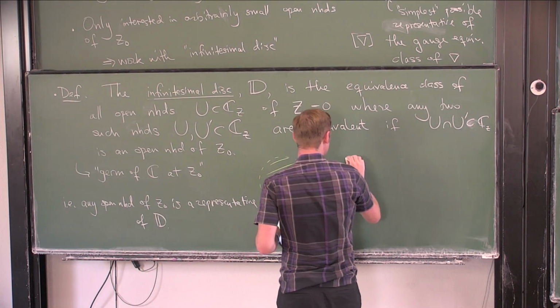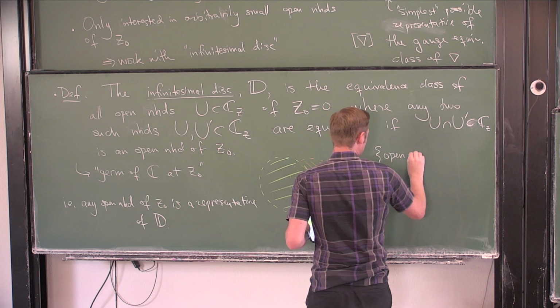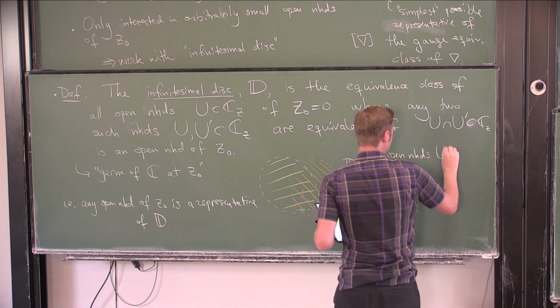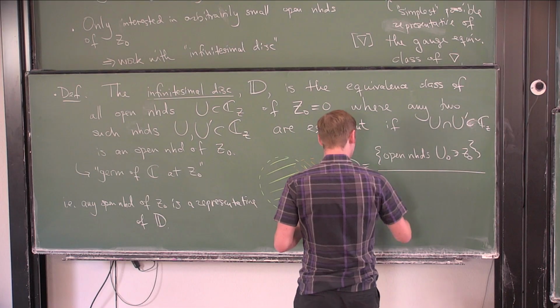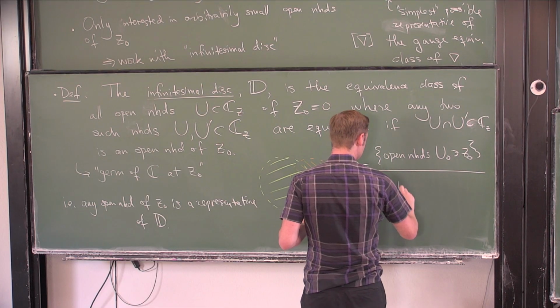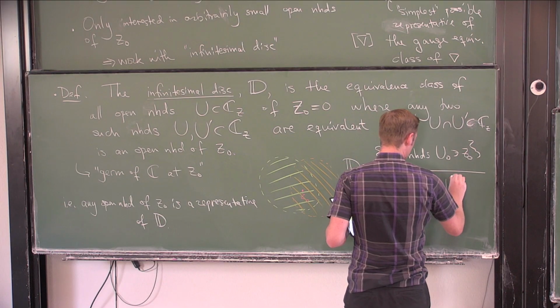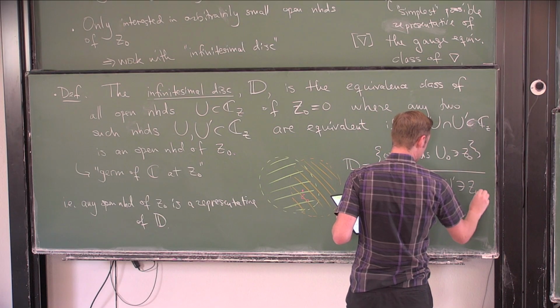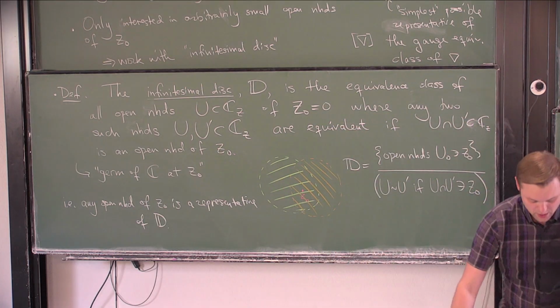So, right, this D is really just open neighborhoods U of Z naught modulo the equivalence relation that U is equivalent to U prime if their intersection contains Z naught.